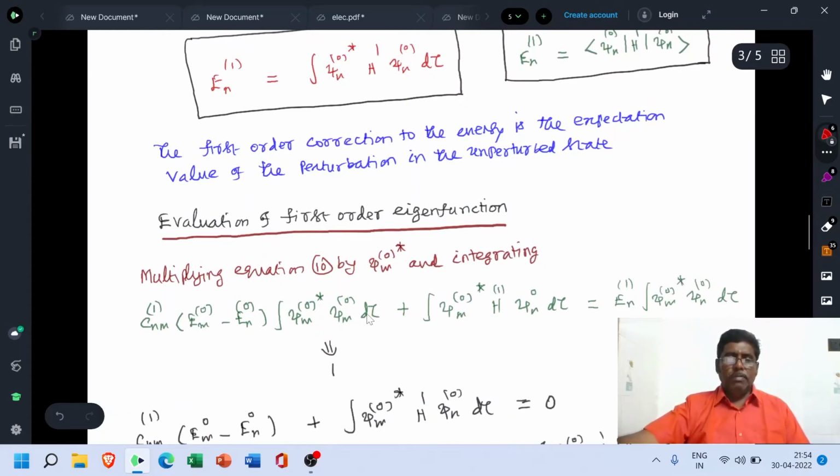This is our normalization condition, psi m0 star psi m0 d tau equal to 1. This is our orthogonality condition. This is in the nth state, this is in the mth state, so the value is 0.